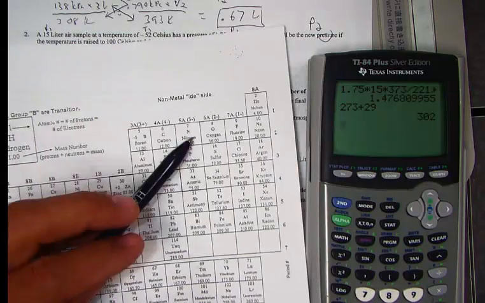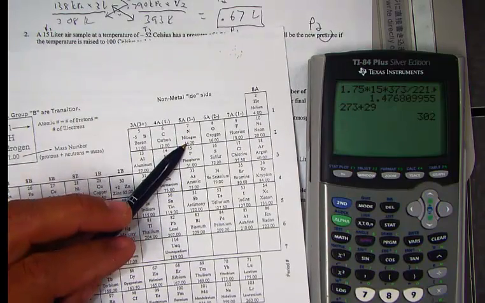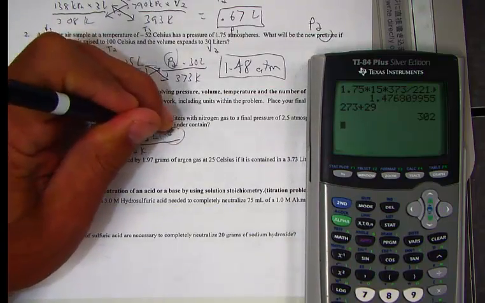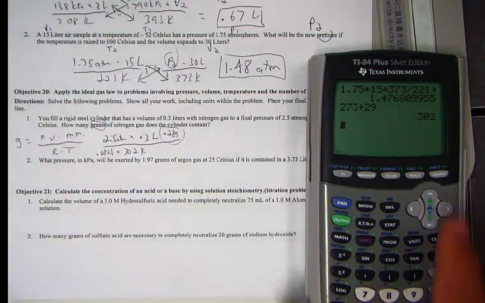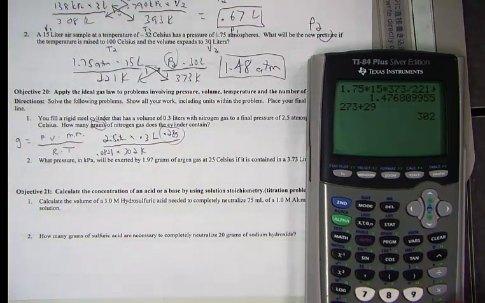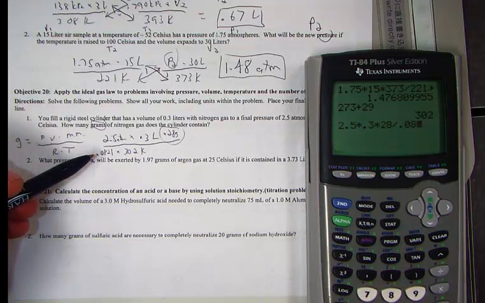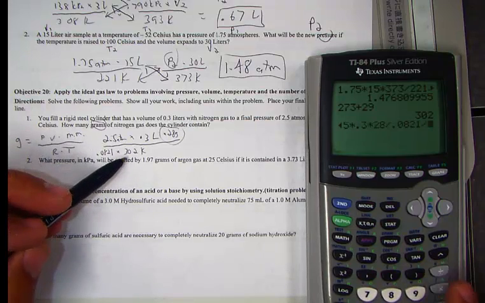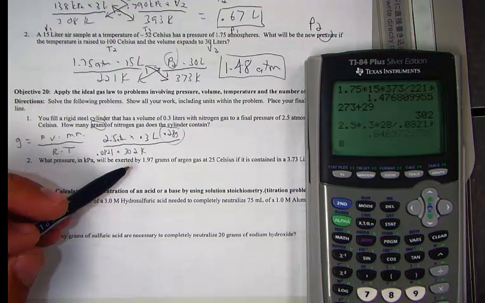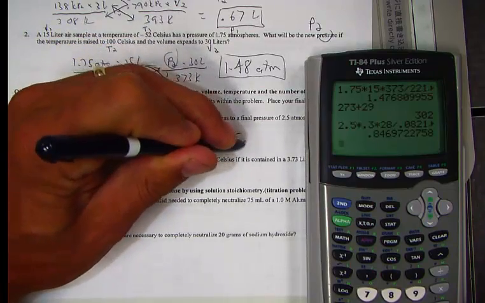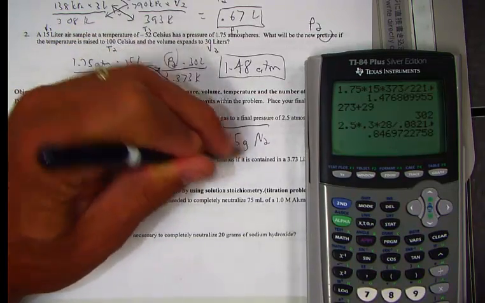Though a mole of nitrogen weighs 14 grams, since I'm dealing with nitrogen gas, it's 28 grams. So 28 grams is what should go there. Get the calculator, 2.5 times 0.3 times 28, divide by 0.0821, also divide by 302. 0.85 grams of nitrogen gas.